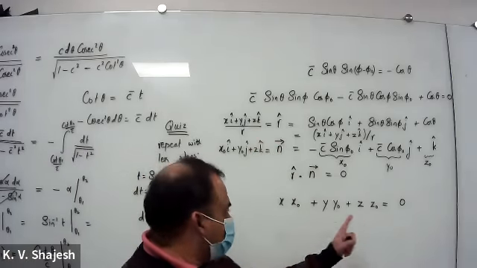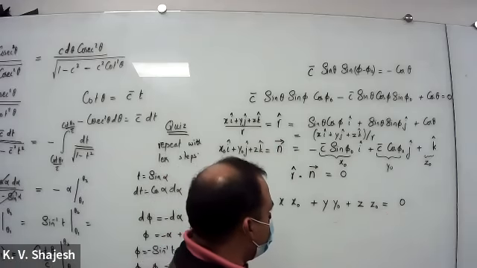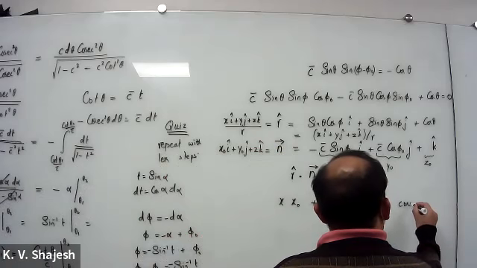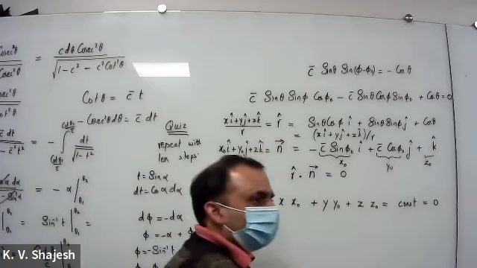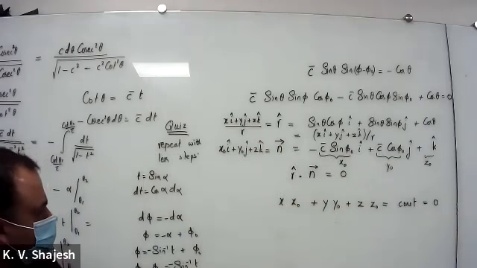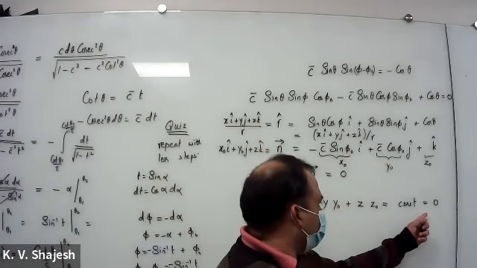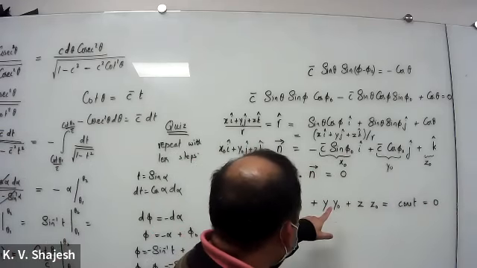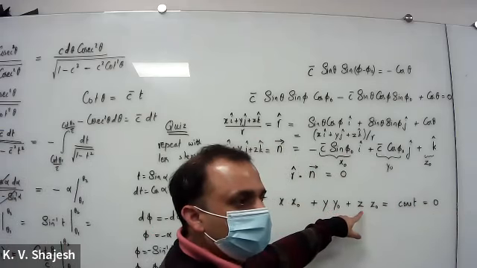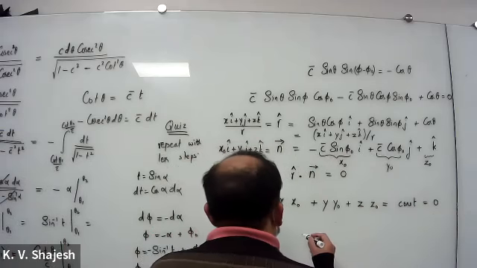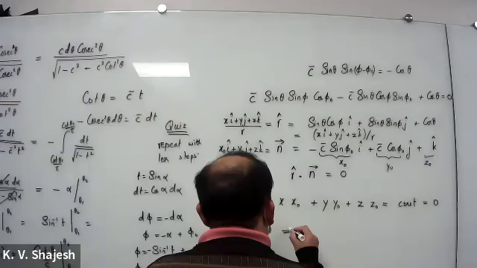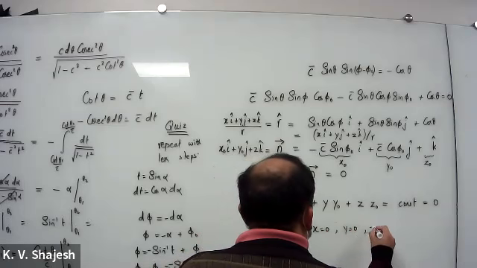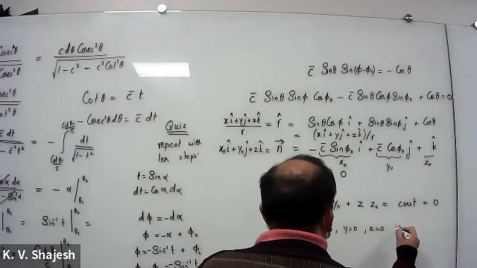In general, an equation of a plane is a constant, and here it's a constant equal to 0. That's the equation of a plane, but this is a special plane in the sense that the constant is 0. What that means is that x equal to 0, y equal to 0, and z equal to 0 is on the plane.